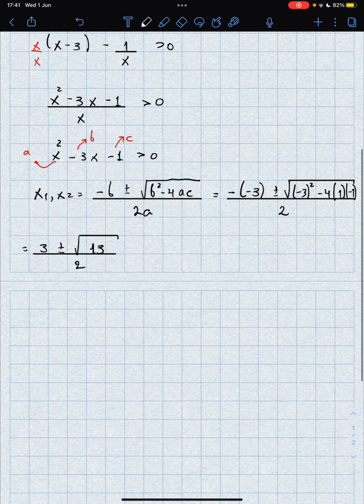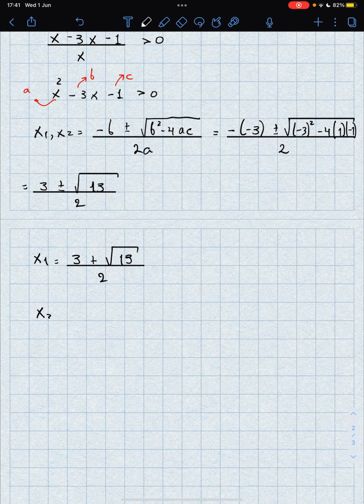Okay, so x1 is going to be 3 plus the square root of 13 divided by 2, and x2 is going to be 3 minus the square root of 13 divided by 2.